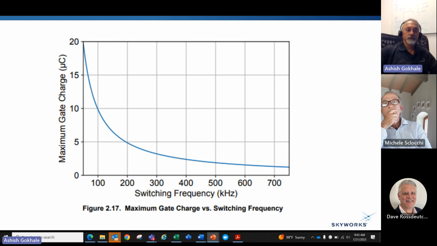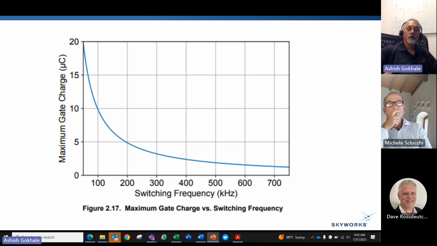The real limitation is basically going to be how safely you can take the heat out when you're switching the driver and the GaN FET at that kind of rate. As you know, the power is going to go up as you increase the switching frequency.